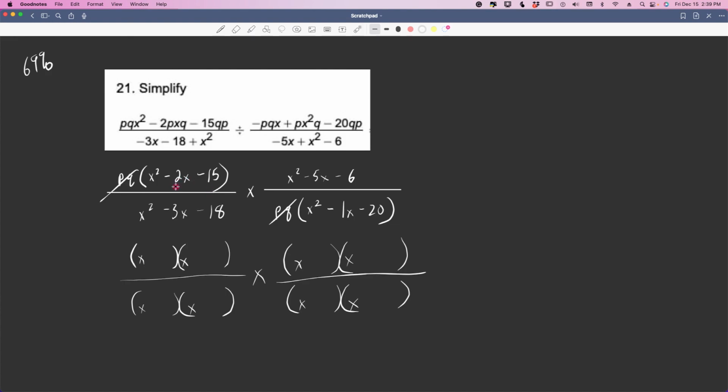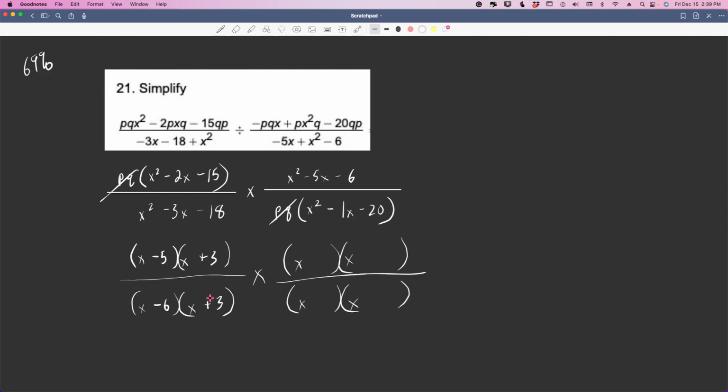And in order to have a negative 2, we have to have a negative 5 and a positive 3. For 18, we know that we have 2 times 9 is 18, and 3 times 6 is 18. So in order to have a negative 3, we need to have a negative 6, positive 3.